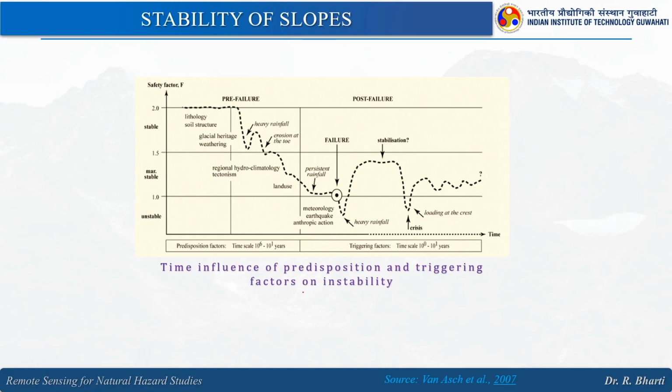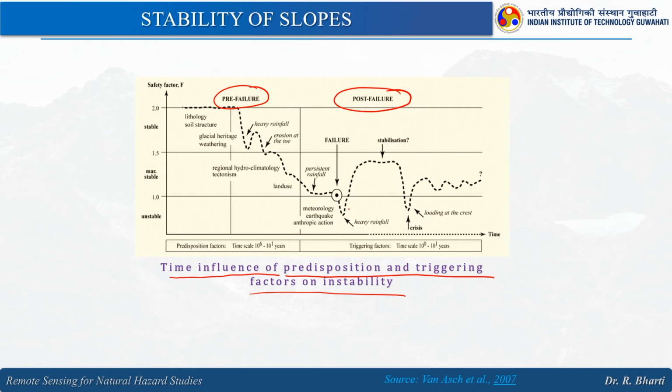If you see this particular graph, it says time influence of predisposition and triggering factor on instability. So, this is a self-explanatory graph. Here you can see this is the pre-failure, this is the post-failure, and here how it is getting changed, right.